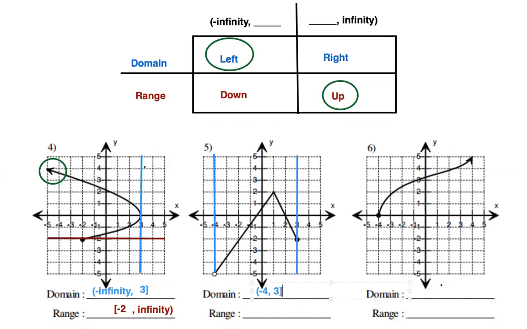The right side will have a bracket. The bottom of my graph is at -5, open circle. The top at +2, no open circle. So -5 will have a parentheses, 2 will have a bracket.